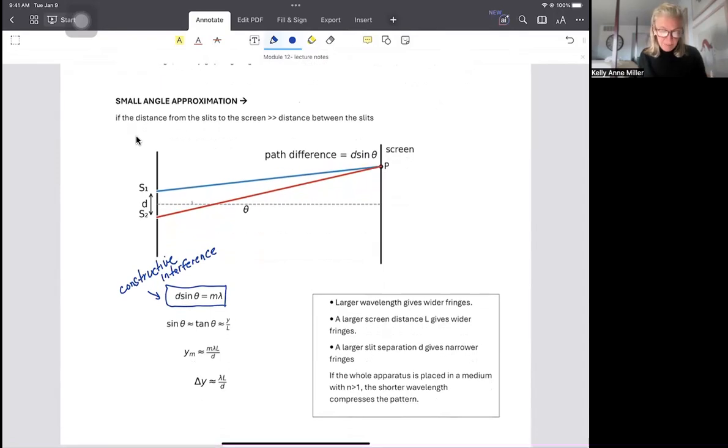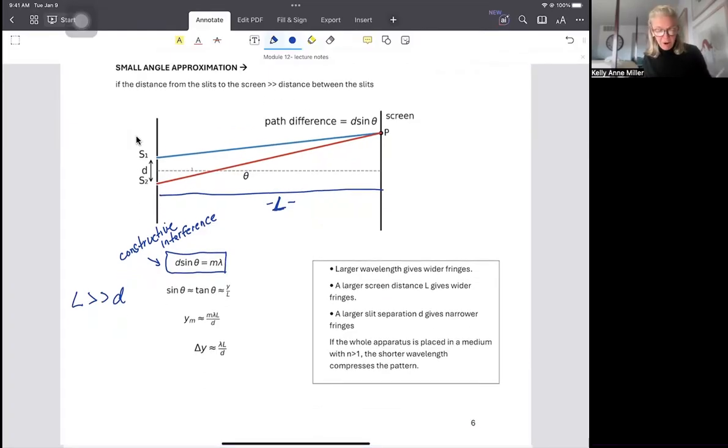Let me define the distance from the slits to the screen as L. In the case where L is much, much larger than d, you can make a simplification.